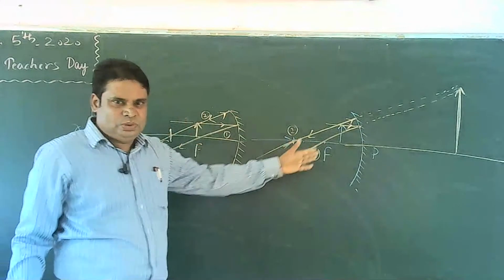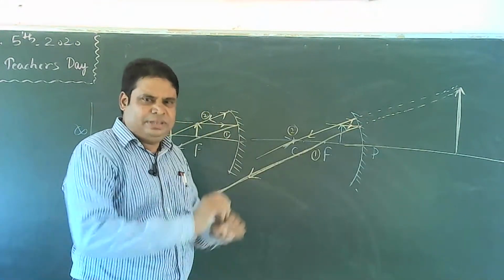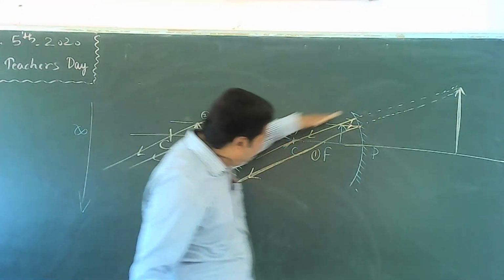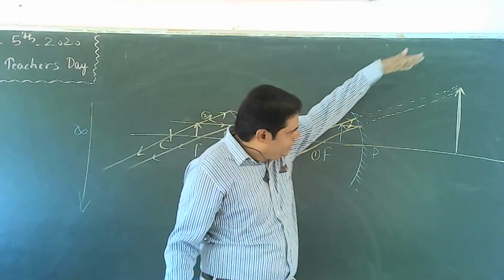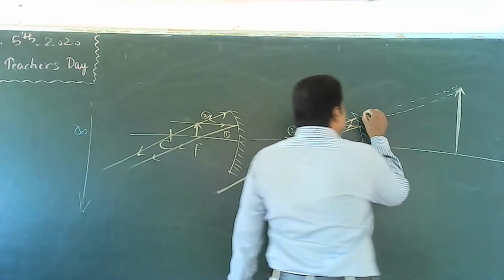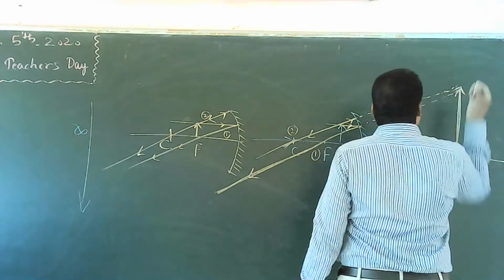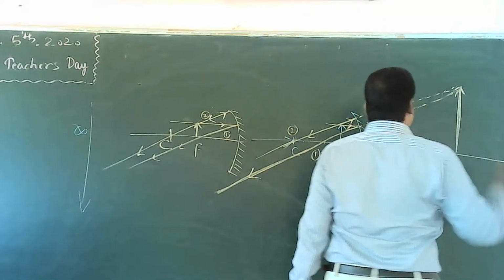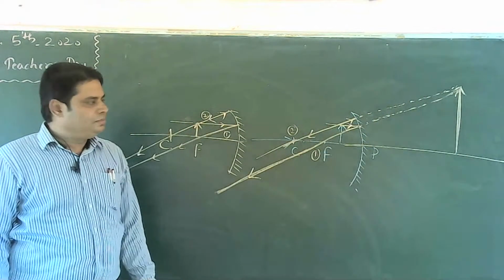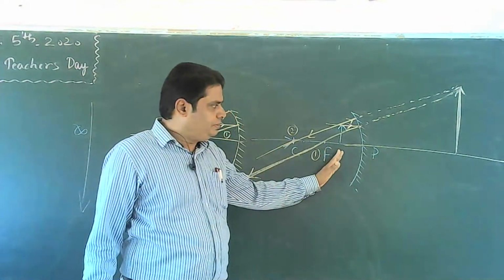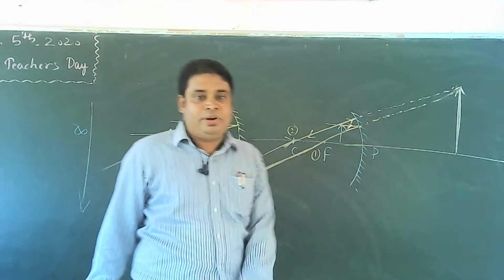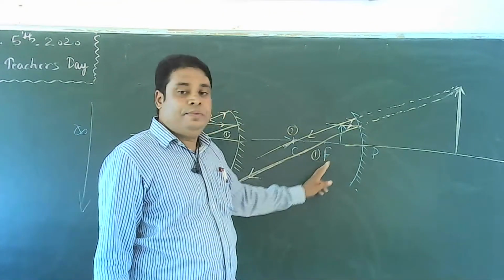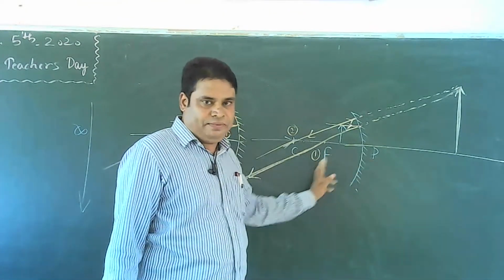It's not very much to scale, it's just a rough drawing. If you draw it back, they will meet somewhere here. This is the image formed due to an object which is kept between F and P. Definitely.